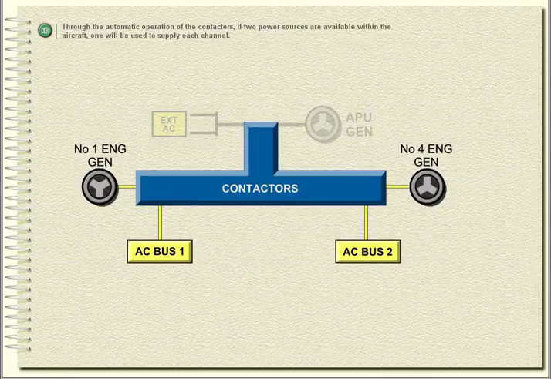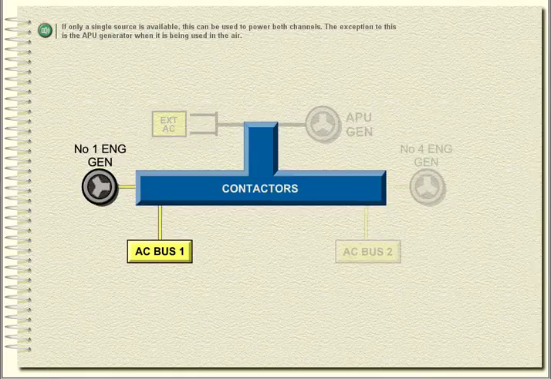Through the automatic operation of the contactors, if two power sources are available within the aircraft, one will be used to supply each channel. If only a single source is available, this can be used to power both channels.